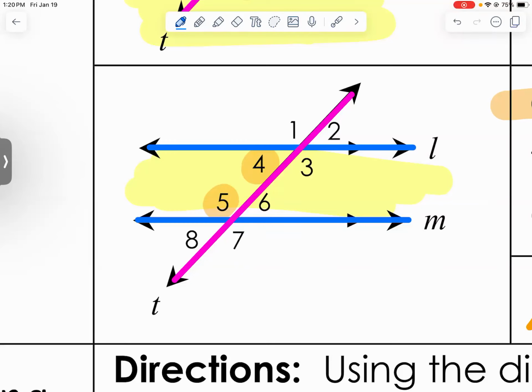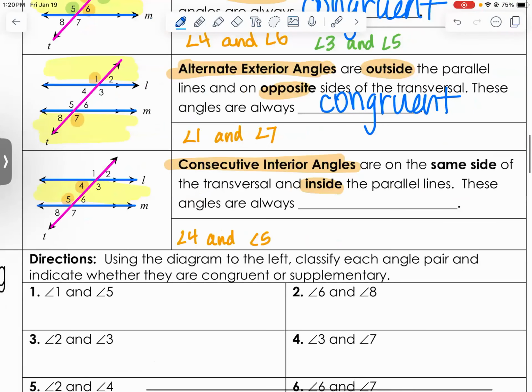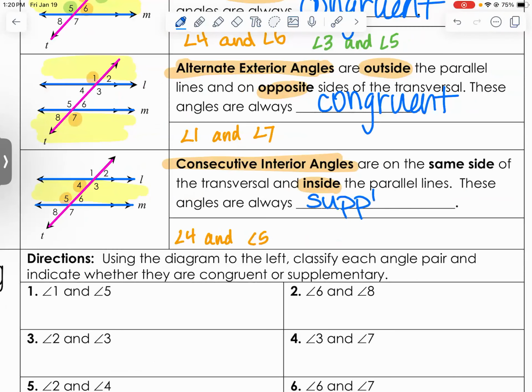They're supplementary. What did we decide was true about 3 and 5? They're congruent. So if 3 and 4 add up to 180 and 3 is the same as 5, what's going to be true about 4 and 5? Consecutive interior angles are supplementary. They add to equal 180.